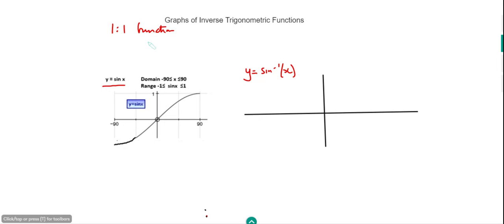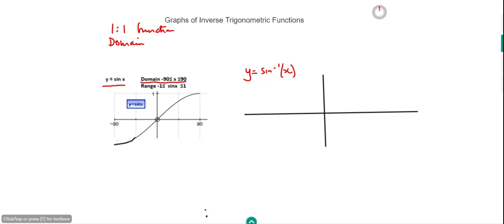And so we've achieved that by reducing the domain of sine x so it's between minus 90 and plus 90. As we've said here, the domain is reduced to between minus 90 and plus 90 to create a one-to-one function.